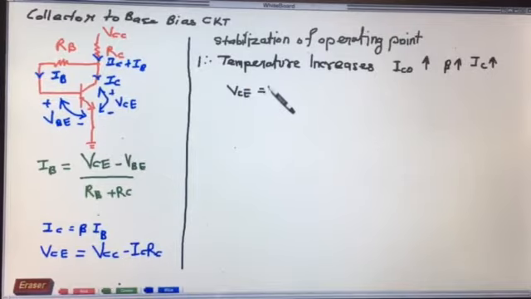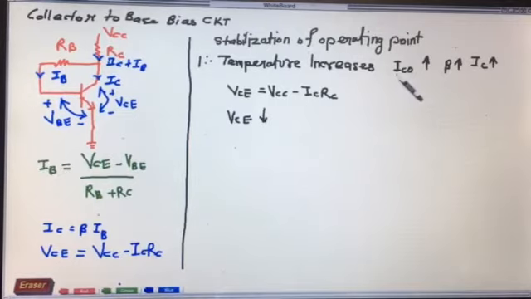equals VCC minus ICRC. Here collector current will increase, so VCE will decrease with the increase in beta and IC.